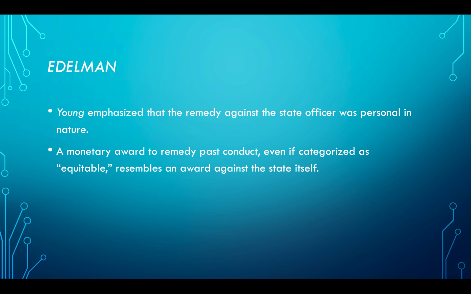But the idea here is that, let's say that a state is discriminating in schooling, and it's quite possible that the only way to remedy discrimination in schooling is to build a new school, and therefore the order is against the superintendent or the state chief officer of schools throughout the state, and the order is you must stop discriminating in the future against African American children. And maybe the only way for the state officer to actually accomplish that is for the state to expend a lot of money.